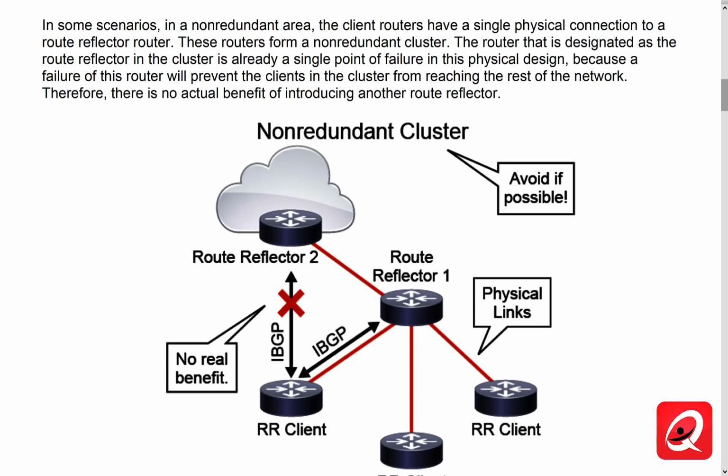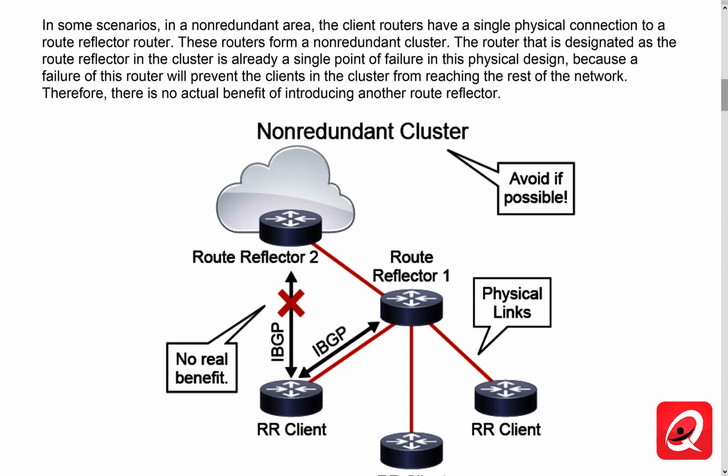So they're no longer going to be receiving network layer reachability information because the route reflector is a dedicated route reflector and it no longer exists. I don't know that this is the best way to implement this type of configuration. Obviously, we want to have redundancy built into the topology, but it is possible. We can configure a single route reflector.